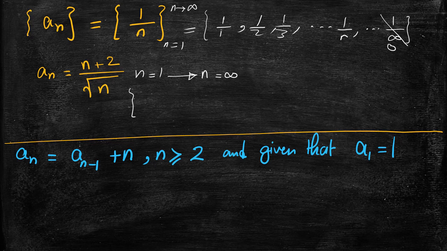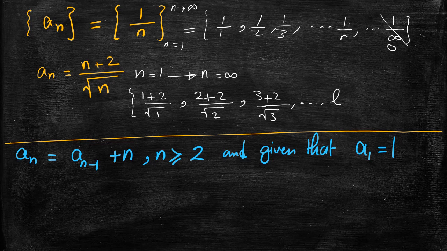The sequence, or the set of numbers, can be rewritten as 1 plus 2 over square root of 1, and then 2 plus 2 over square root of 2, and then 3 plus 2 over square root of 3, and then to get the value at infinity, I need to take the limit when n approaches infinity of n plus 2 over square root of n.